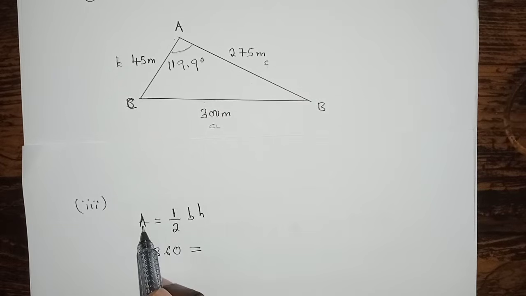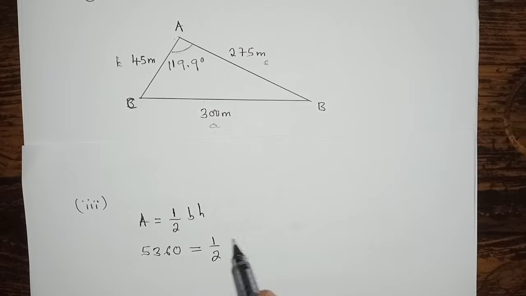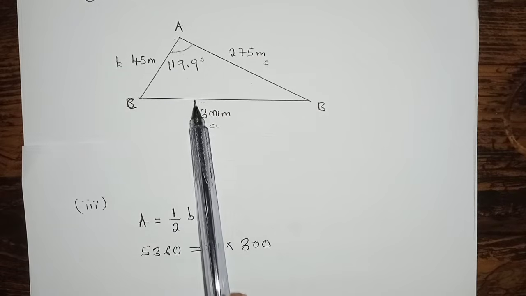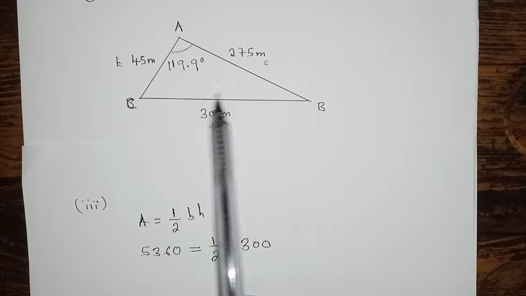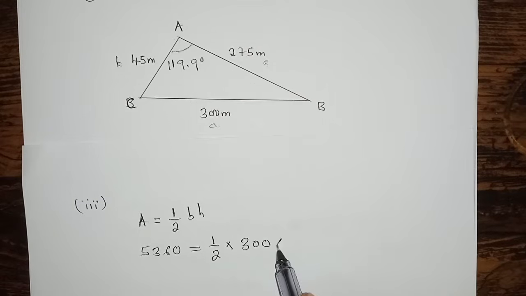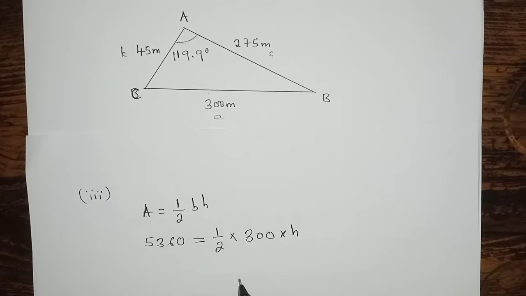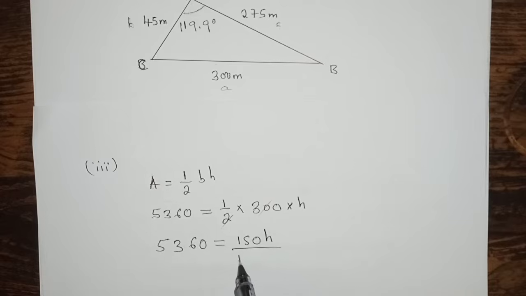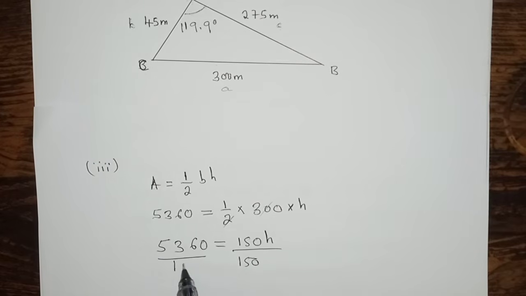So we're going to put it at A, and here our B will be 300, because they're saying the shortest distance from here to here, where it is touching BC. We're solving for H. When we say 2 into 300, it's 150, so 150, divide it through here.